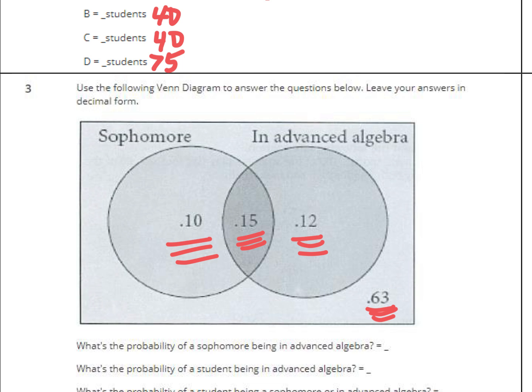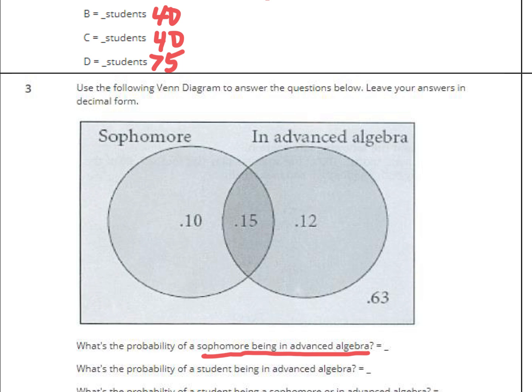Okay, so these are just percentages. It's actually a lot easier to do the questions when there's percents already there because you don't have to divide by anything. All right. What is the probability of a sophomore being in advanced algebra? This one's tricky. It is not super clear. I don't like the wording of this because I can't tell if they're saying given that they're a sophomore.